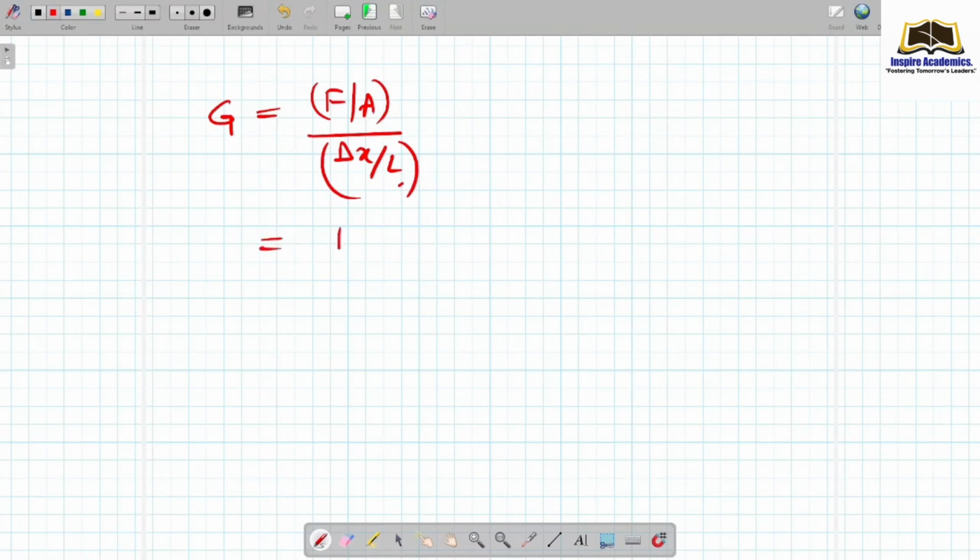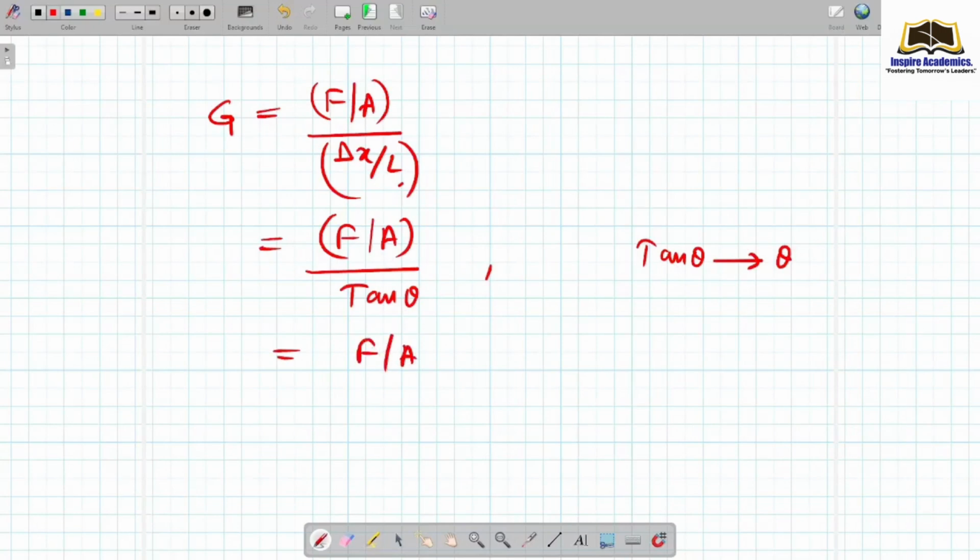So we can also write it as F upon A, and then delta X upon L is tan theta, if you remember. Now for small angles, tan theta tends towards theta, so it is F upon A theta.